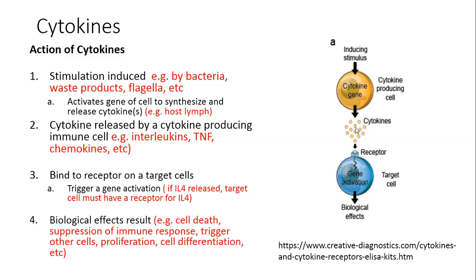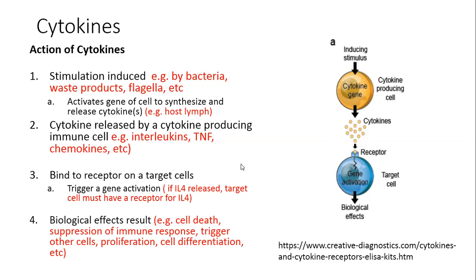These cytokines could have been one of those interleukins. It could have been a TNF, a chemokine, whatever. And those are going to all have their own effect on this receptor cell. It's going to trigger that receptor cell to do something specific. They bind to the targets on the receptor cell.